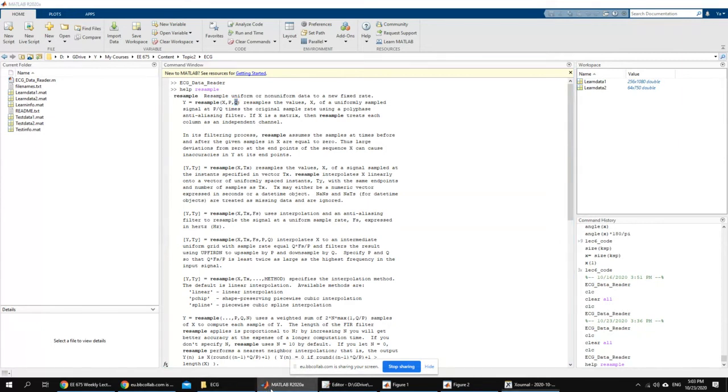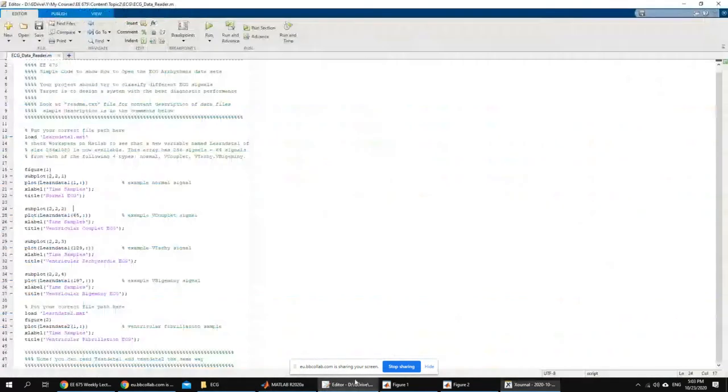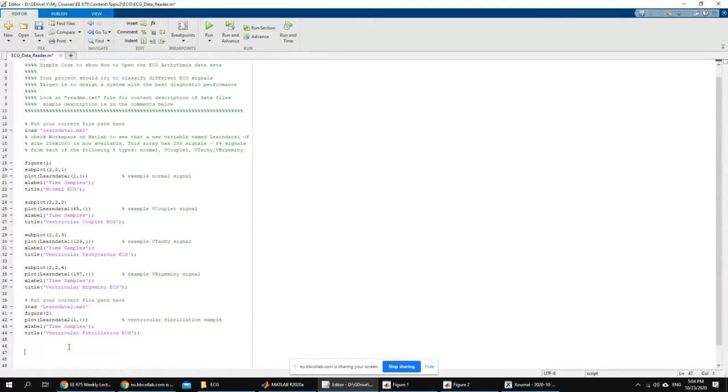Let's try it. This is the same program that draws the learn data 2 samples. Let me select one of them. This is the sample that I'm drawing, and I'll do a resampling here.